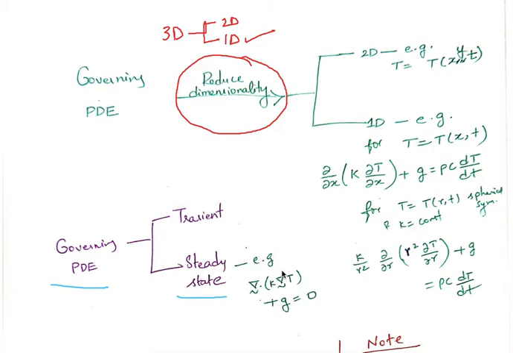So what is the simplest kind of setting that we can consider? 1D steady state. Okay, so one dimensional steady state analysis is the simplest setting that you can consider, and that is where we are going to start in order to find approximate solutions to governing differential equations.